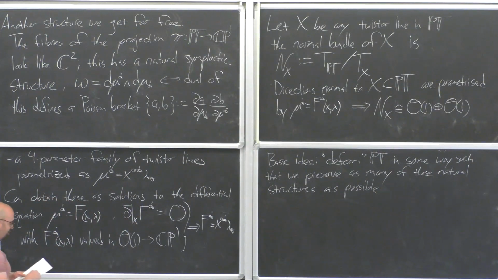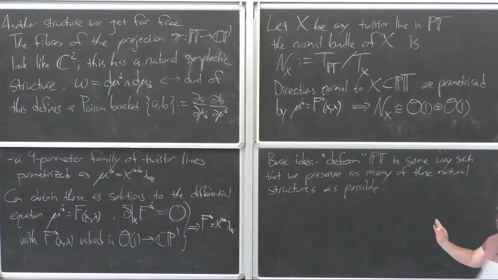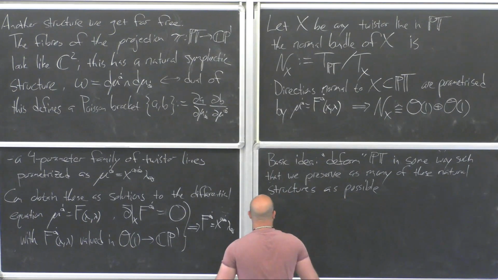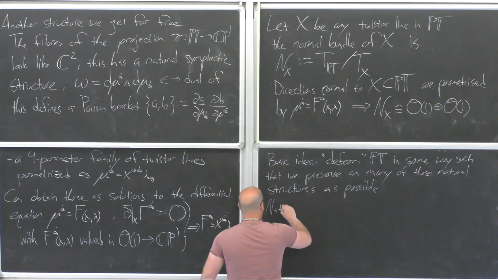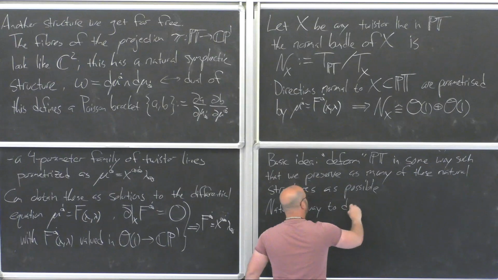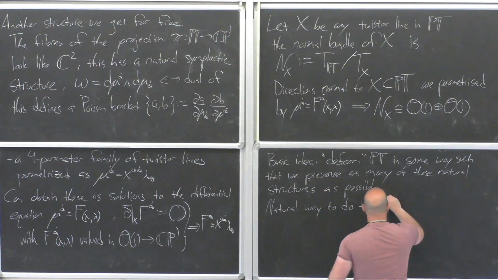Okay, so the idea is we want to keep as many of these structures in the game as we can, but somehow change the structure of the twistor space. And the natural language to do this is via what's called a complex deformation.